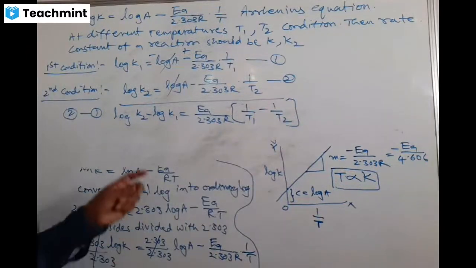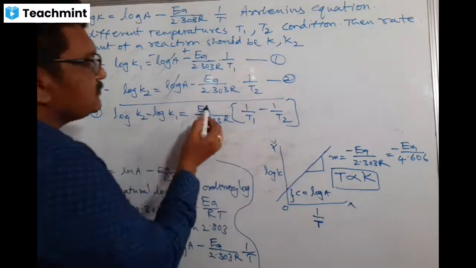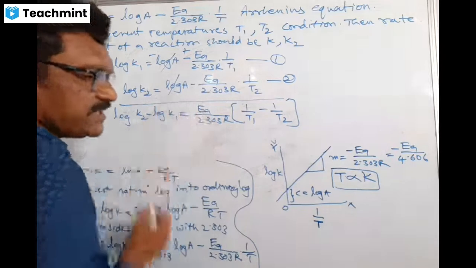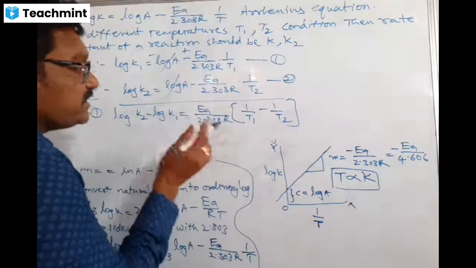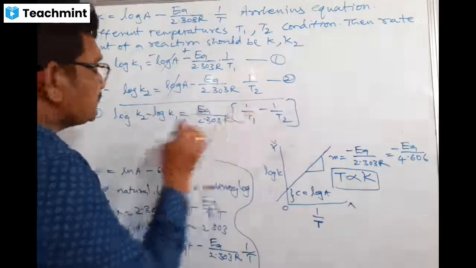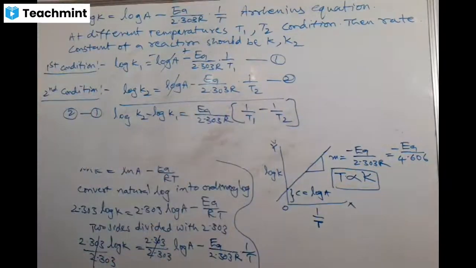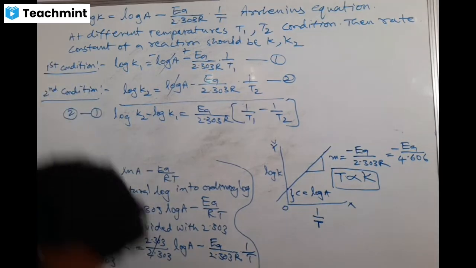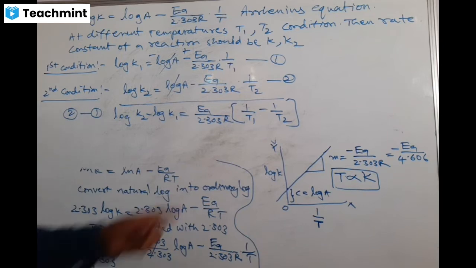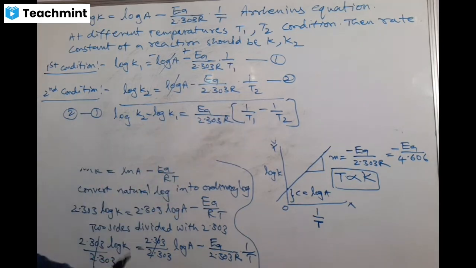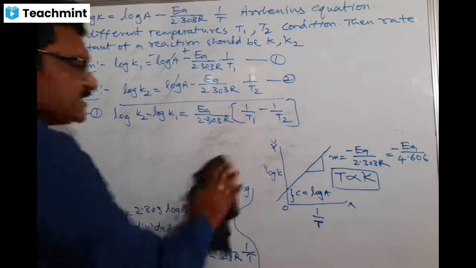But our aim is to derive the equation for EA, because we want to calculate the activation energy when we know the temperatures T1, T2 and the K2, K1 values. That means for a chemical reaction, if you know the values of T1, T2, K1, K2, then it is possible to calculate the activation energy.